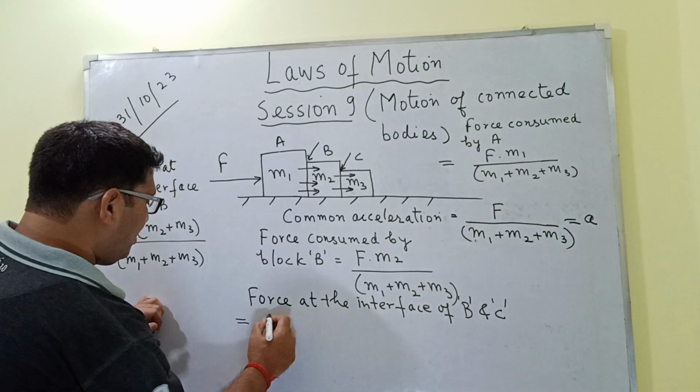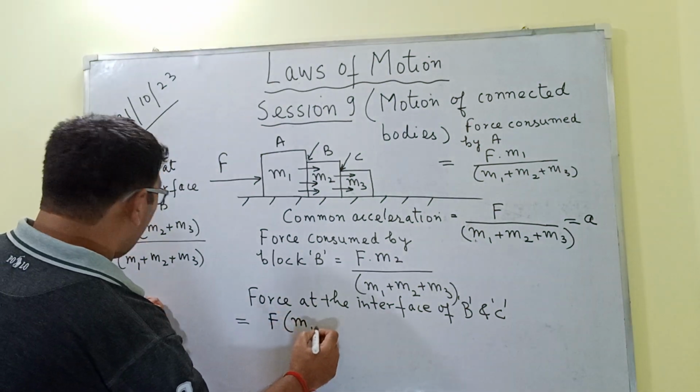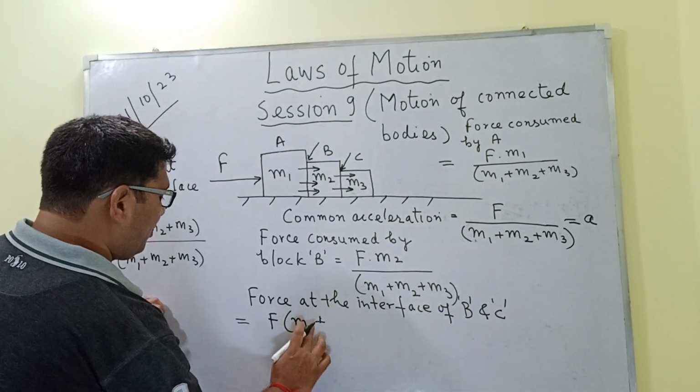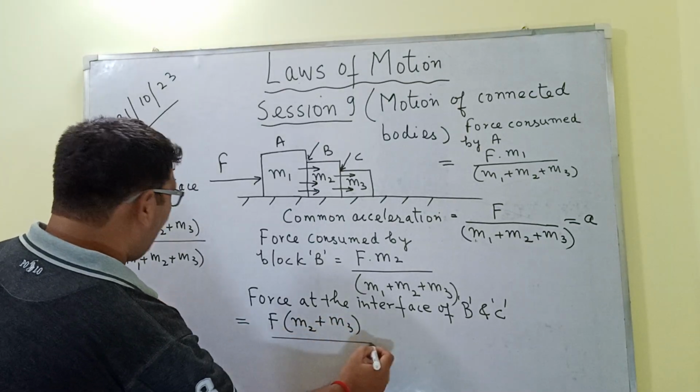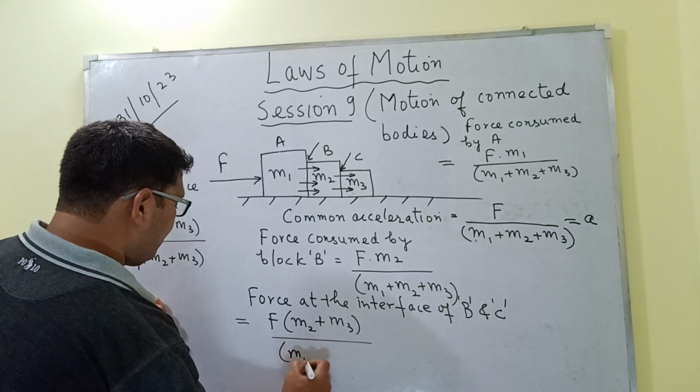So this will be equal to F m, sorry, this will be F m not m1, this is m2 plus m3 divided by m1 plus m2 plus m3.